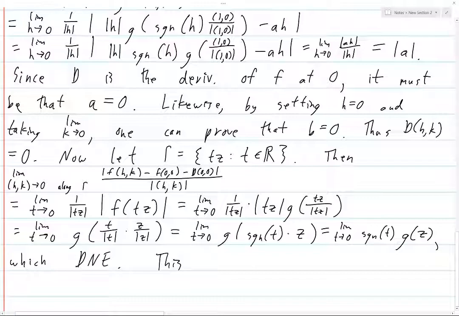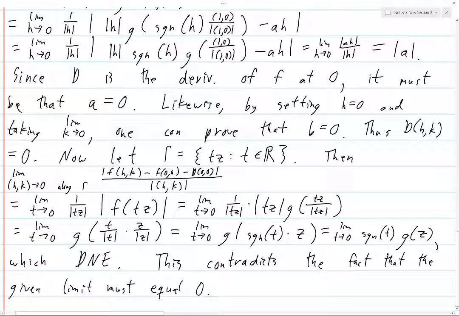This contradicts the fact that the given limit must equal 0. And it must equal 0 because as the point (h, k) approaches 0 along any line, the limit of this fraction has to equal 0.